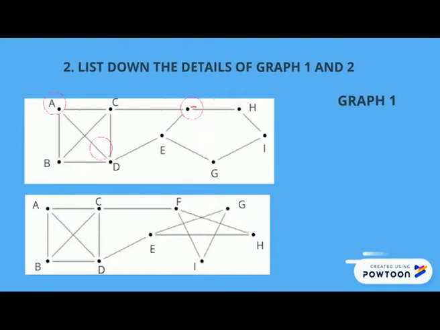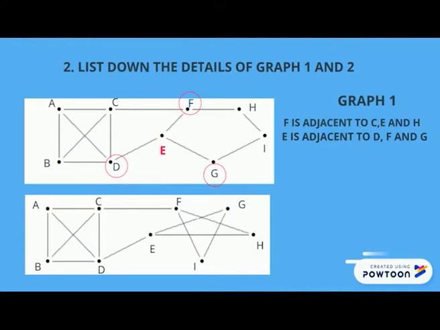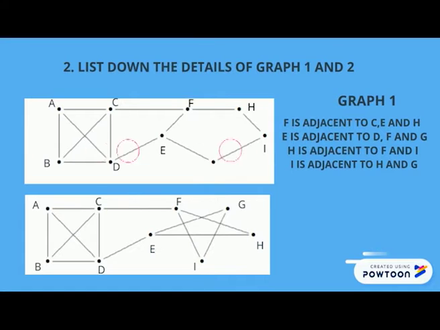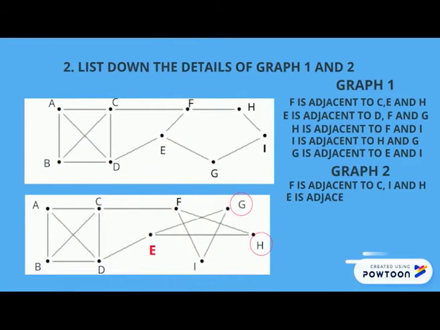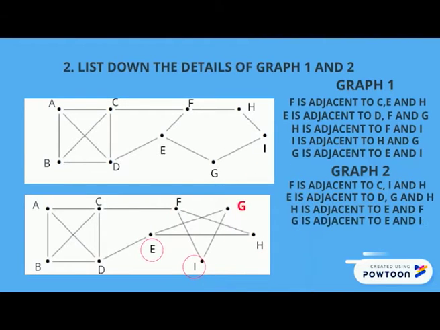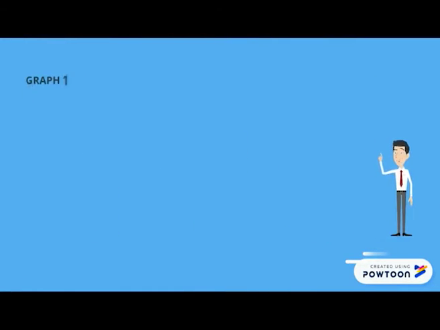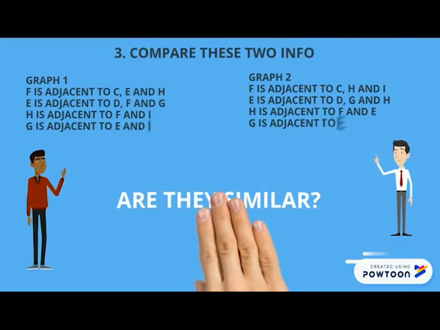List down the adjacent details of each vertex in graph 1 and graph 2. Compare the information from these two graphs.